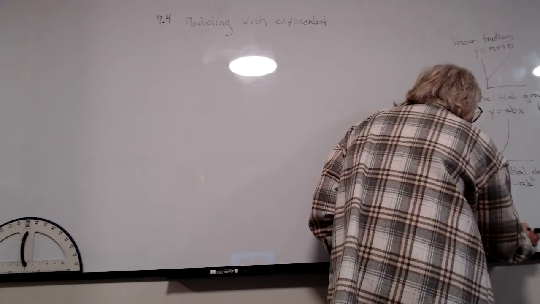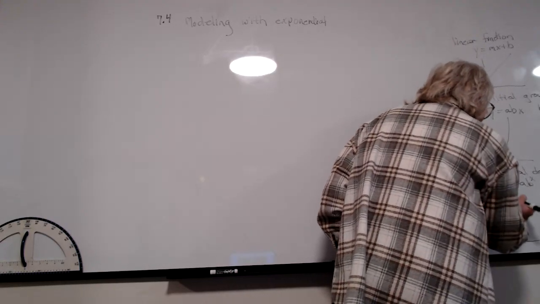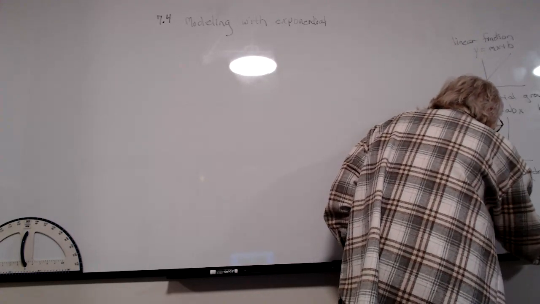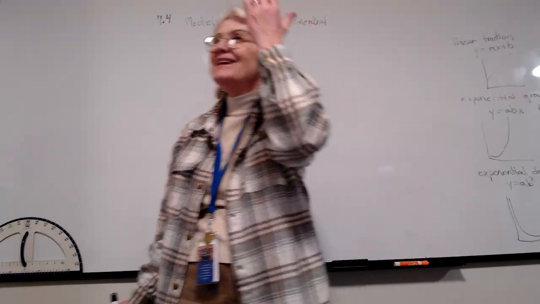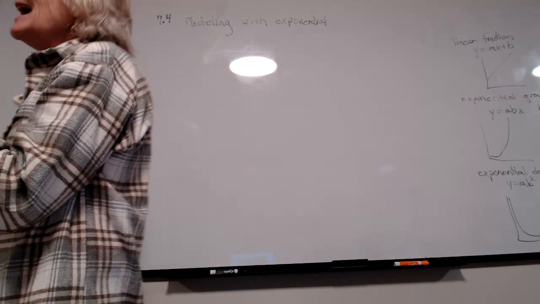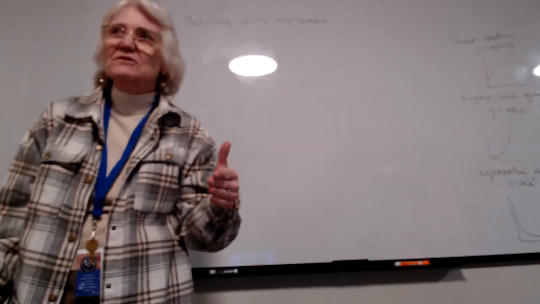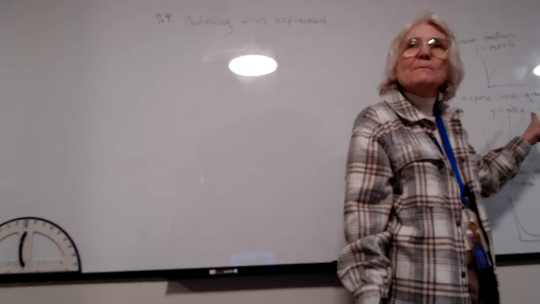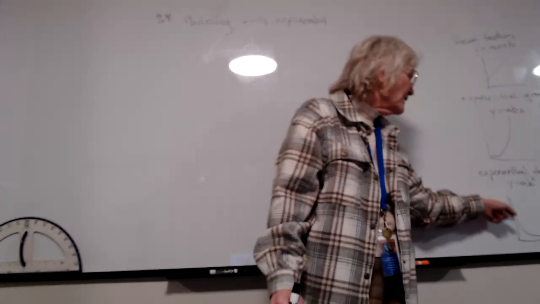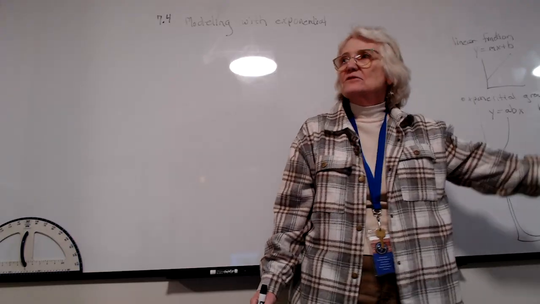If you look at the picture of that graph, it drops really fast and then kind of levels out. That's a little bit exaggerated, but it drops fast and then it starts to slow down. So growth starts slowly and then speeds up. Decay actually goes fast and then slows down.